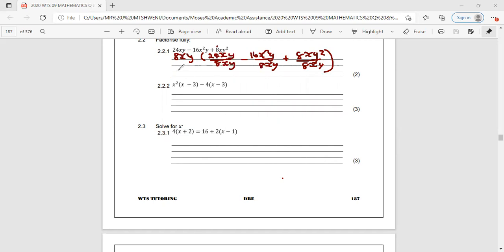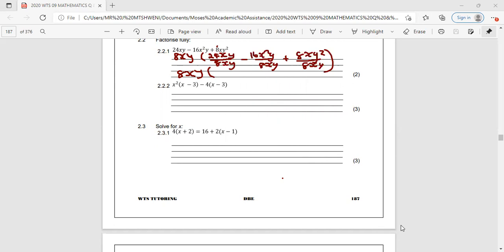From here, we work it out. This one drop because it's the one that is the highest common factor. 8xy. From here, let me use just a different color here so that things can be a bit clear. Let's take this color. 24 divided by 8.